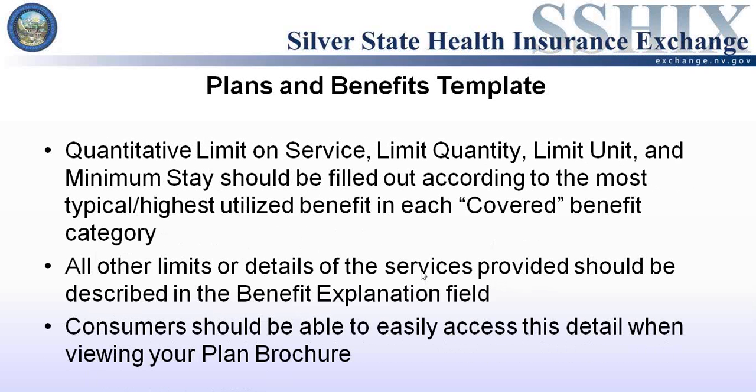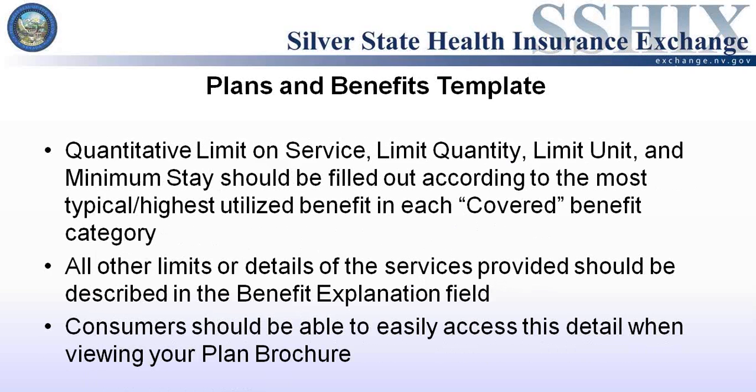As I mentioned, these are very broad categories. So in populating the quantitative limits for those broad categories, we want you to populate the highest utilized benefit within that broad category. All the other details and limits for those other benefits in the broad category will be in the plan docs.